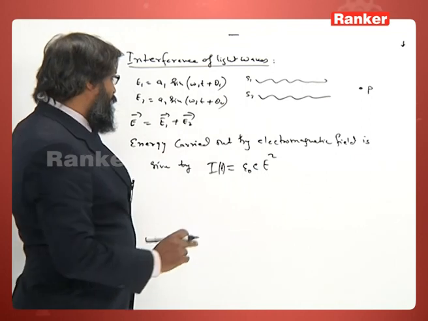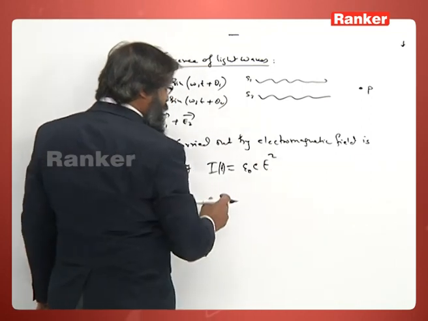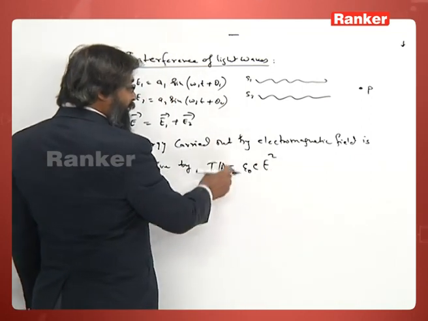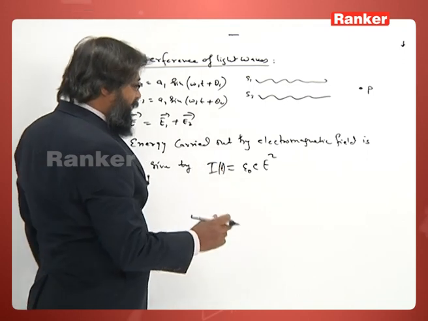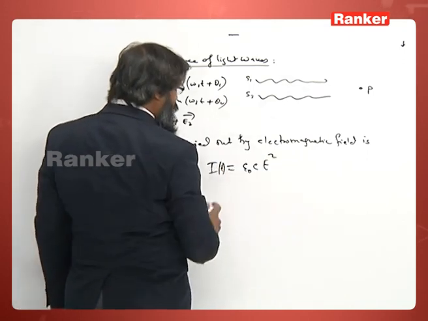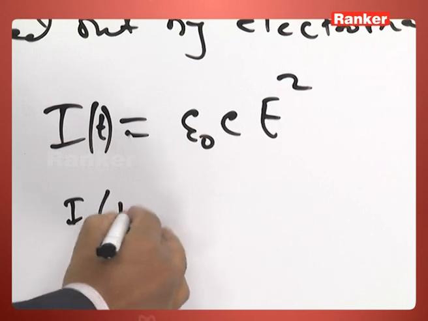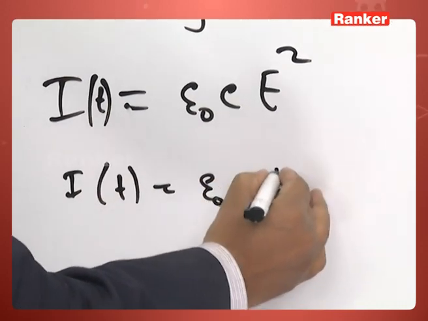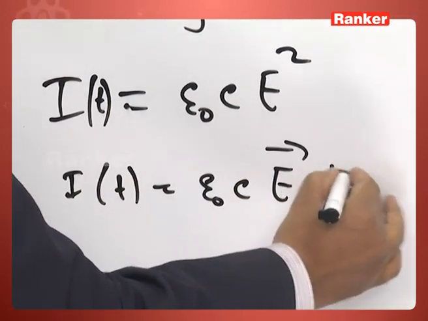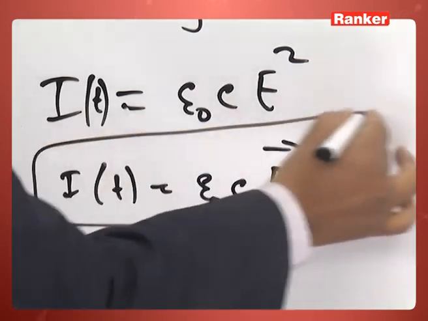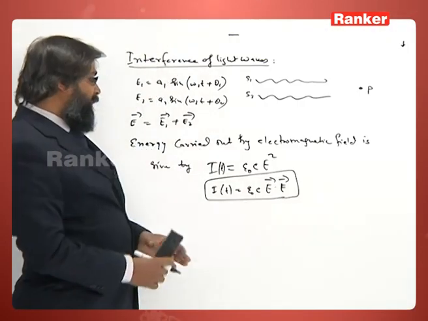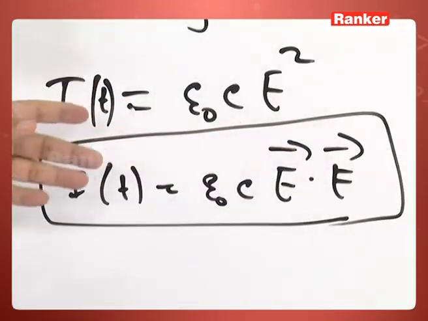Since this electric field is a vector quantity and this intensity is a quadratic function of E, we can write this expression as epsilon naught C E vector dot E vector. So this is the expression of intensity, that is the energy carried by this E wave.